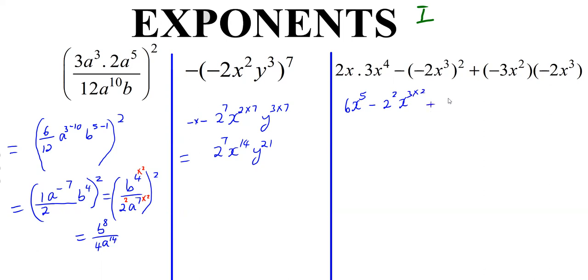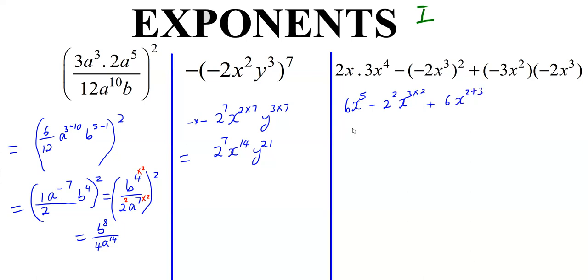Then we're going to say plus. Now what we have here is minus 3 times minus 2, which is going to give us positive 6. Then we're having x to the power 2 times, remember the bracket means multiplication, so x to the power of 2 times x to the power of 3, we are adding the powers, x to the power 2 plus 3.